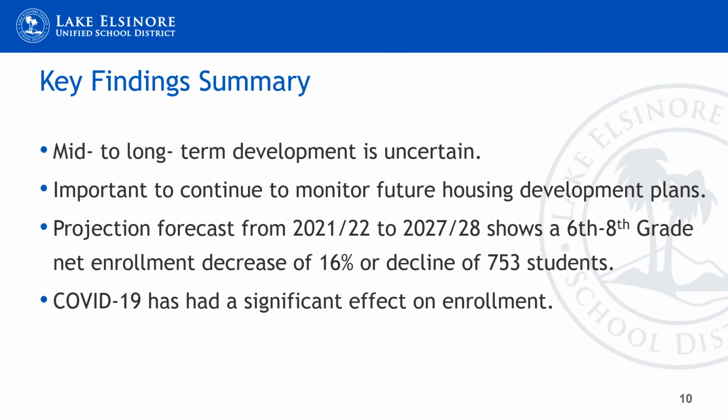For part 3 of the overall projections report, here are the key findings. Student enrollment for 6th to 8th grade are projected to decline about 753 students in the next 7 years. That's a 16% overall decline, the most of any school level in our projections. Long-term student enrollment, driven by new housing developments, remains unclear.